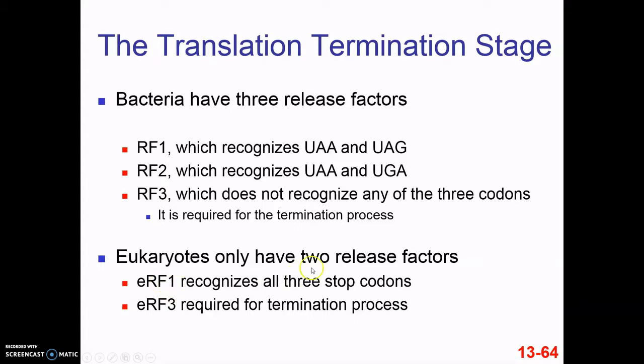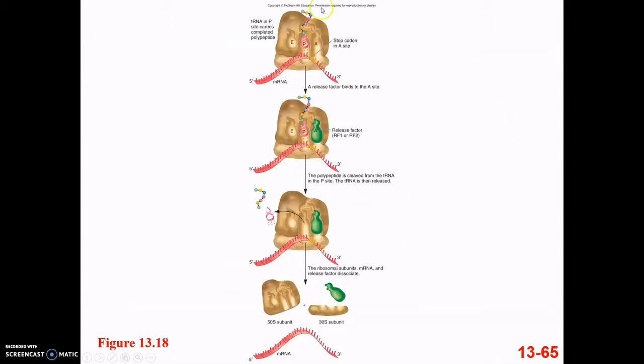Now, in eukaryotes, there are only 2 release factors. There's just simply a single RF1, or eRF1, for eukaryotic release factor 1, and it recognizes all 3 stop codons. So eRF1 is equivalent to both RF1 and RF2 in bacteria. Eukaryotic release factor 3 is the equivalent of release factor 3 in bacteria. And again, it's required for that termination process.